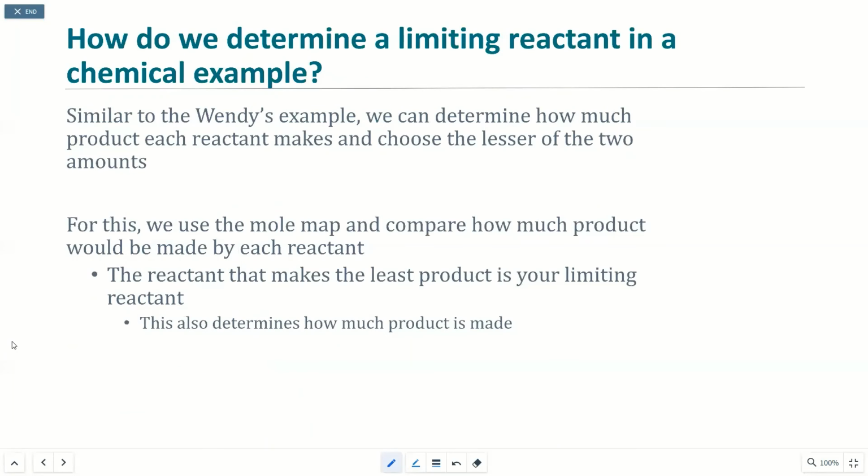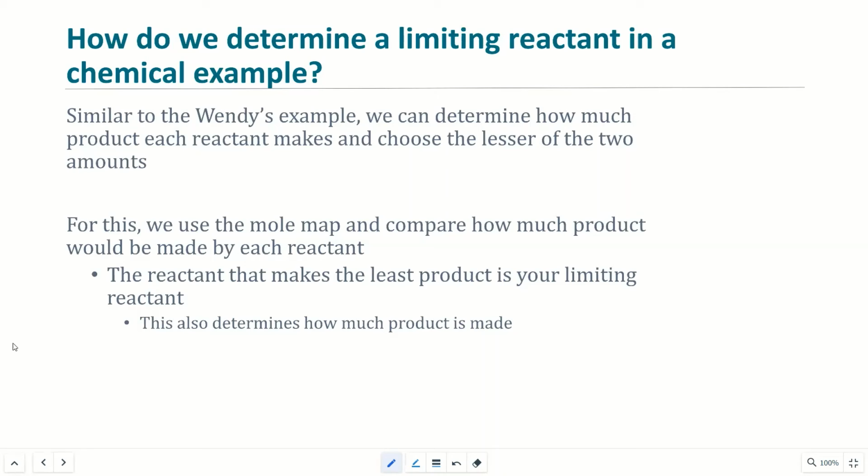So how do we apply this information? Well, if I'm given a limiting reactant example, so what I mean by that is, let's say that I am given a practice problem, and that practice problem requires us to determine which reactant runs out first to determine how much product is made.